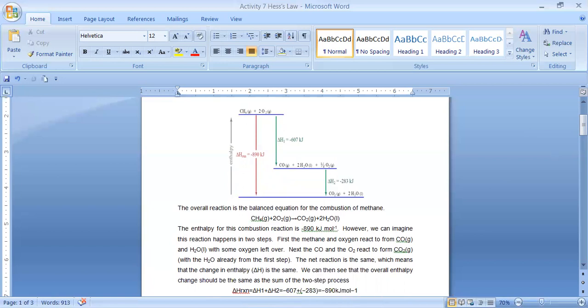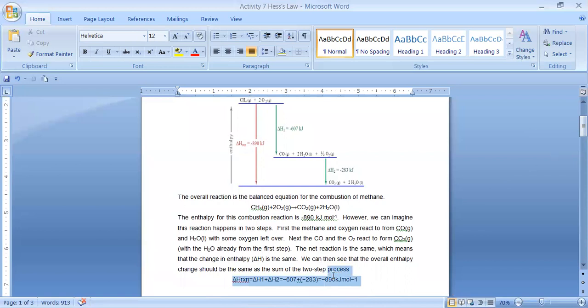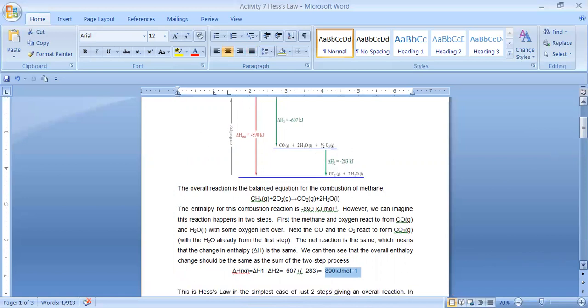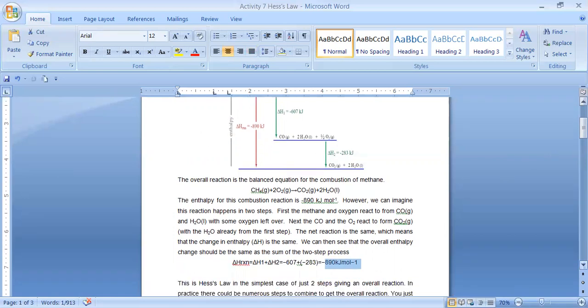This will give you a sum of negative 890 kilojoule per mole. So if you look at this value and the value indicated on the energy diagram, you know that it's actually the same. So this is Hess's law in the simplest case of just two steps, giving an overall reaction.